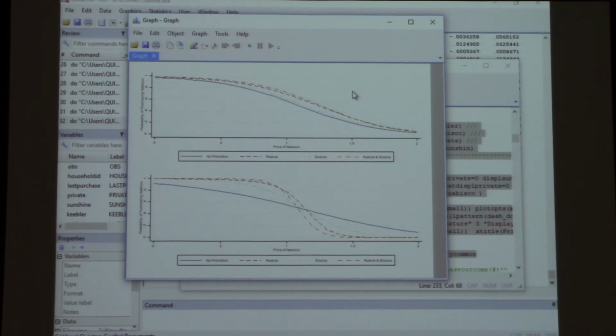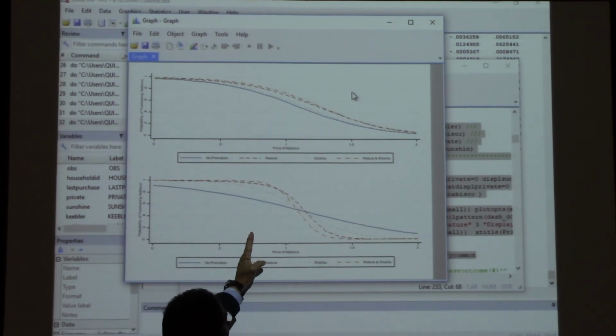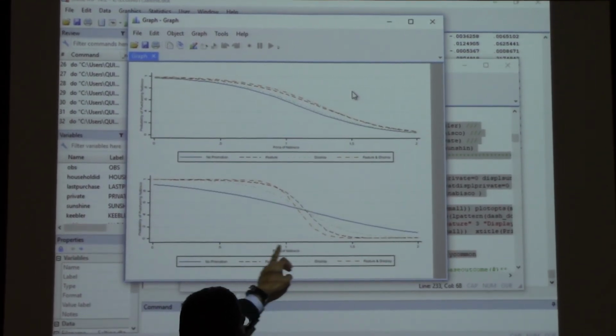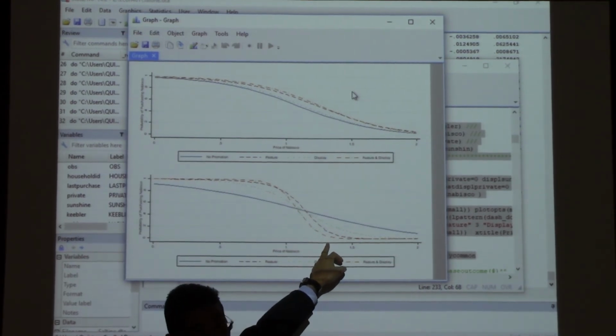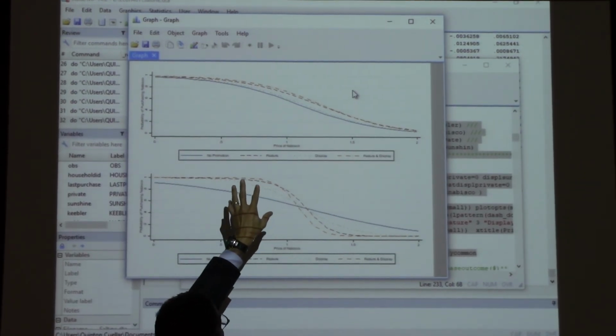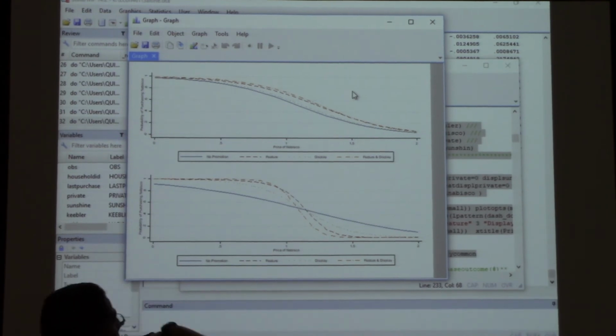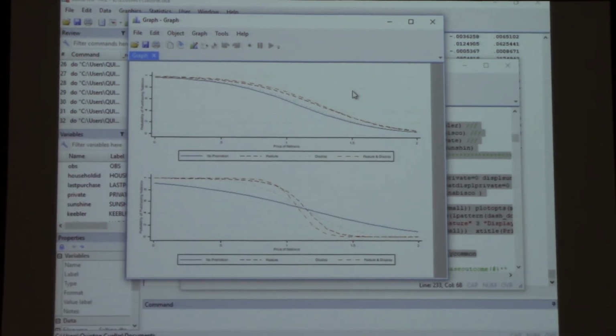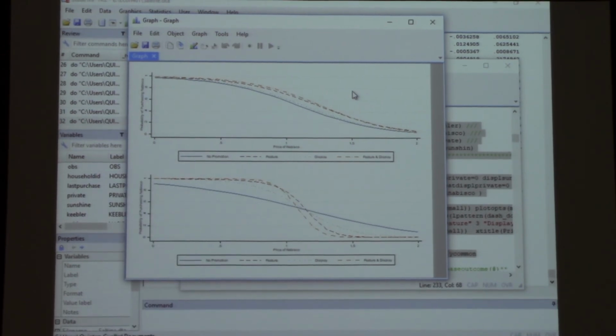So it looks like we would have similar promotional effects if we promoted at 75 cents versus $1.25. If we look at the top panel, it looks like we would have similar promotional effects. Probably going to differ a little bit because these are converging to 0 and 1, but pretty similar.